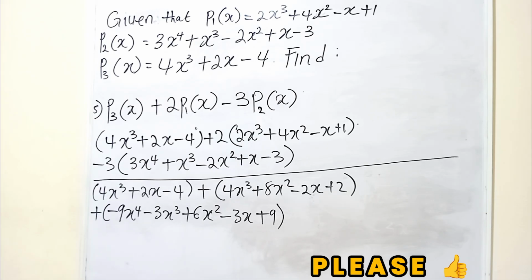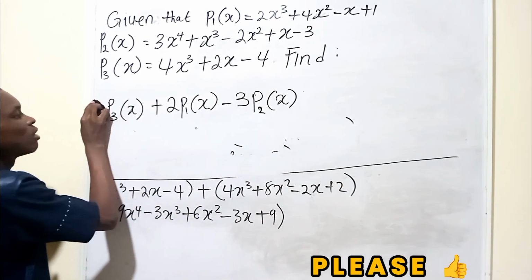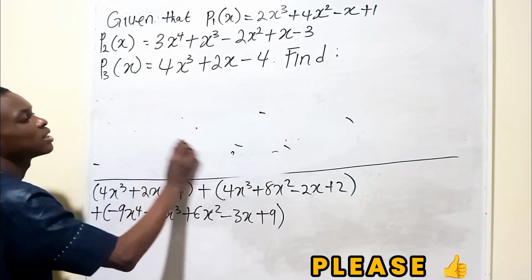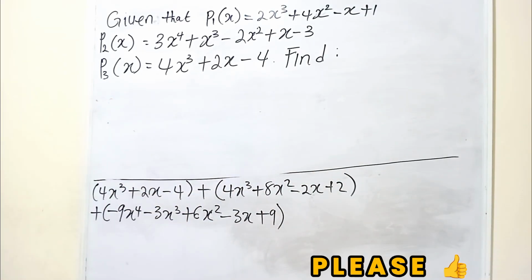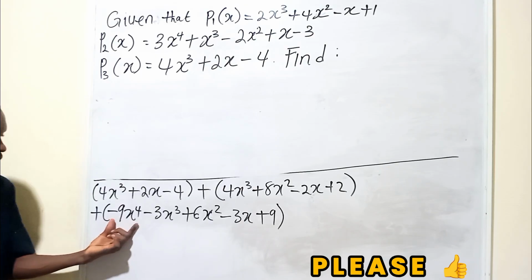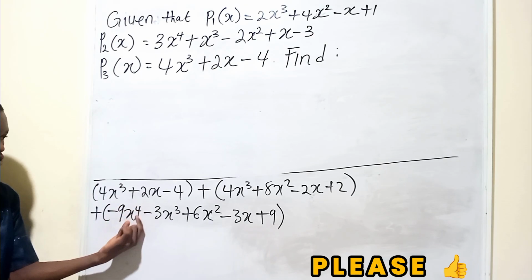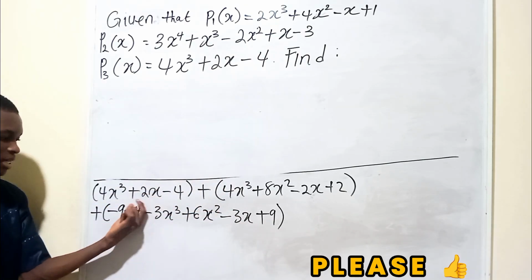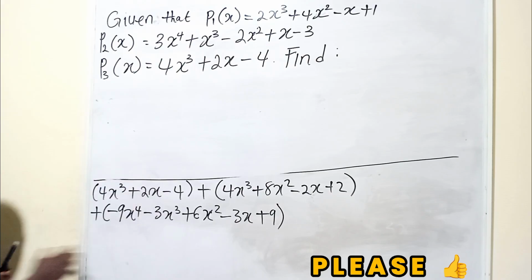The next thing we are going to do here is to group like terms. Now clearly you see that minus 9x to the power 4 is the highest power out of all the powers we have here. So let's take this expression as the first one.